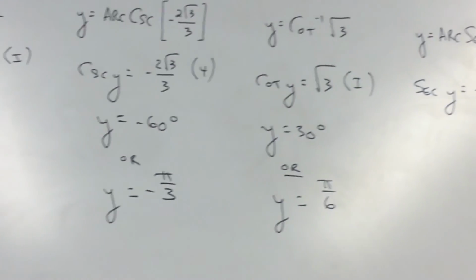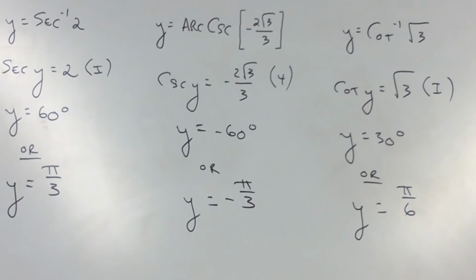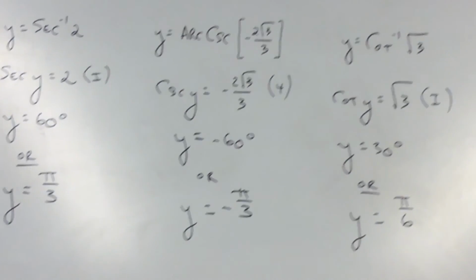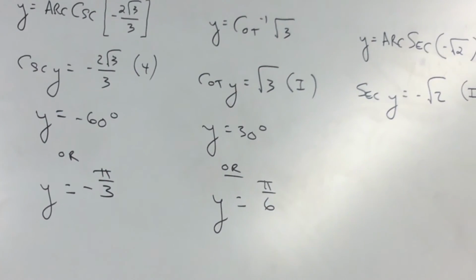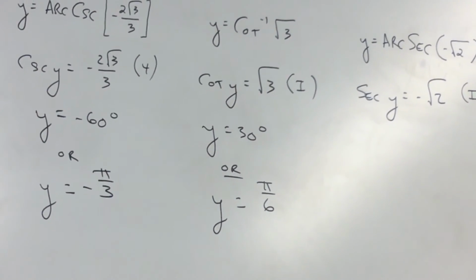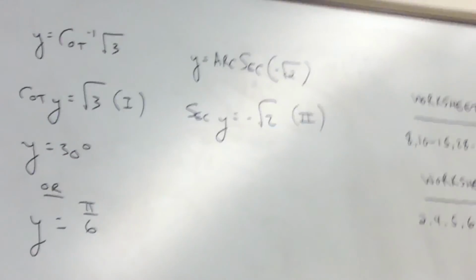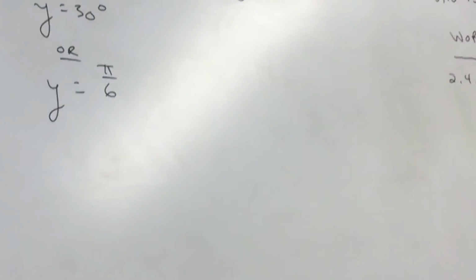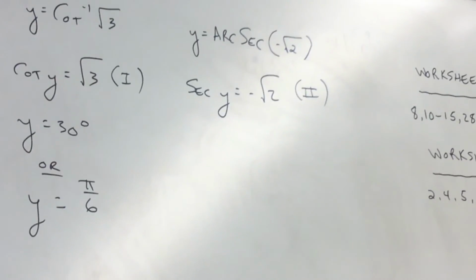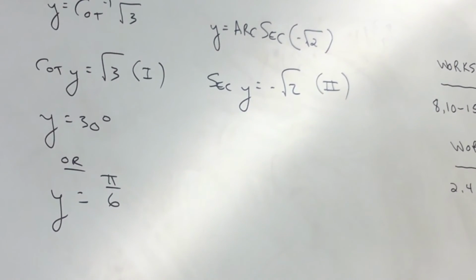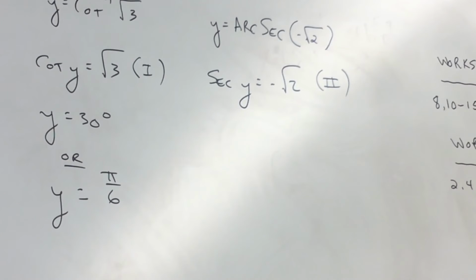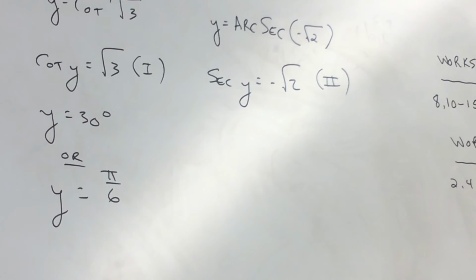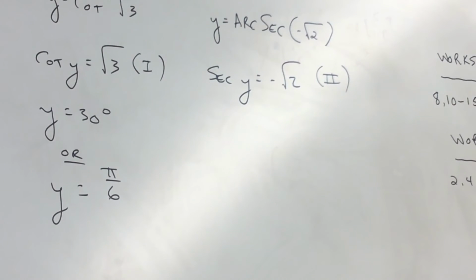The next one. First, now look, this is quadrant 2. But guess what? You can't give me the answer in quadrant 2 until you know what that angle is, the reference angle. What's the angle associated with radical 2 for secant? Andrew.